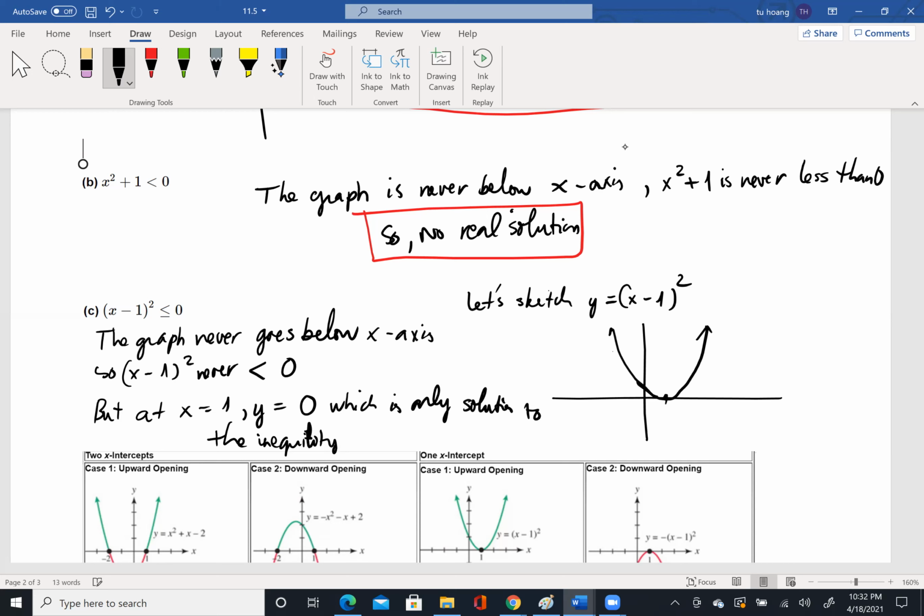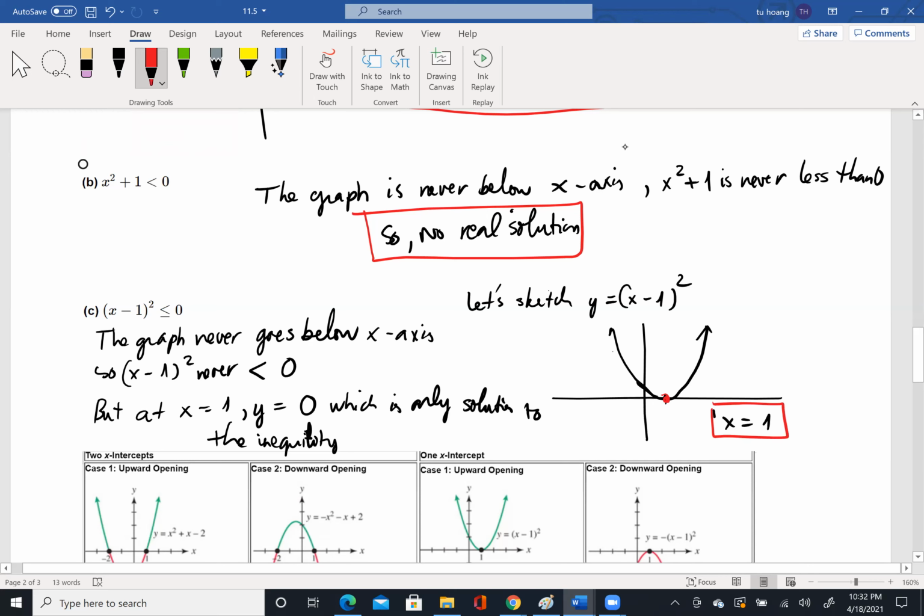Okay, so you can see over here, at this point that makes x minus 1 equal 0. So I have the solution x equal to 1 as an answer. Because this one includes the equal, okay?